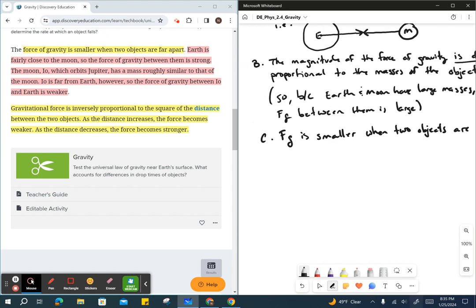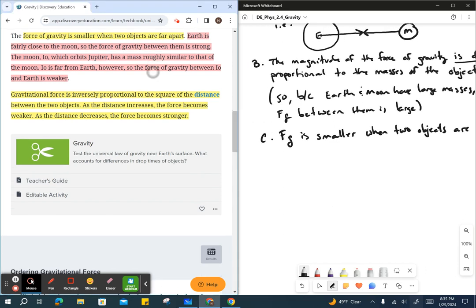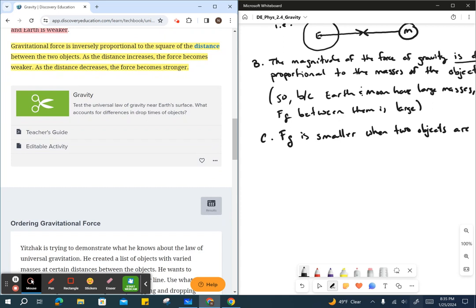Let's see here. If we look at this last paragraph, gravitational force is inversely proportional. So we'll put that in parentheses. I'm going to put this in red here.